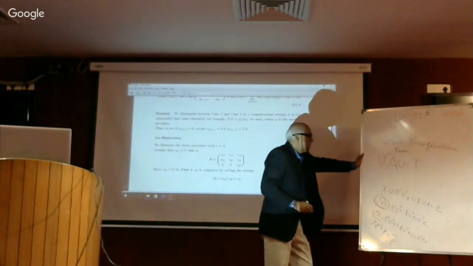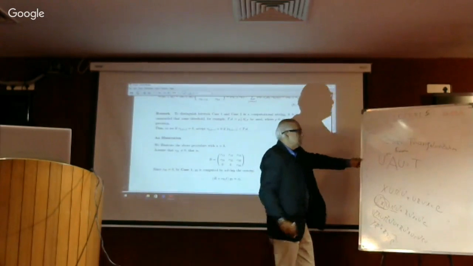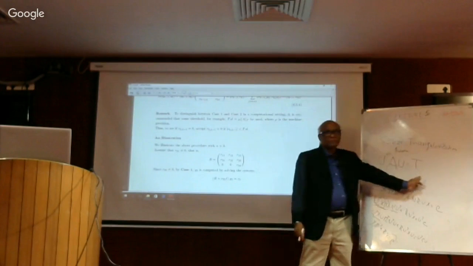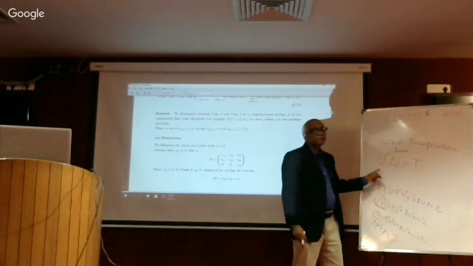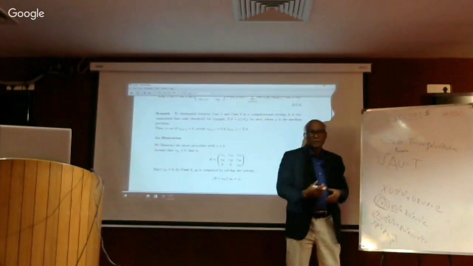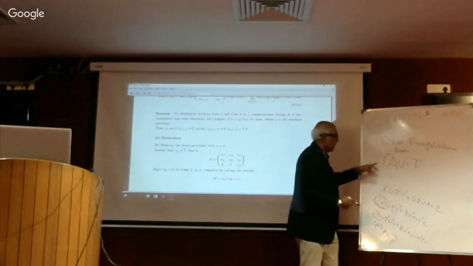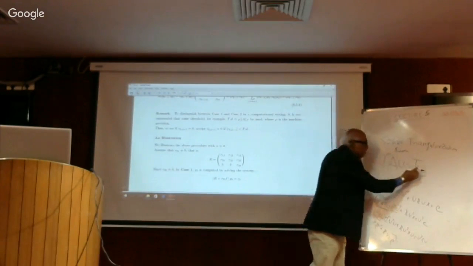Now, why is it a unitary matrix? Because a unitary matrix is the complex version of real orthogonal matrices. Okay. So this matrix T is a complex matrix.